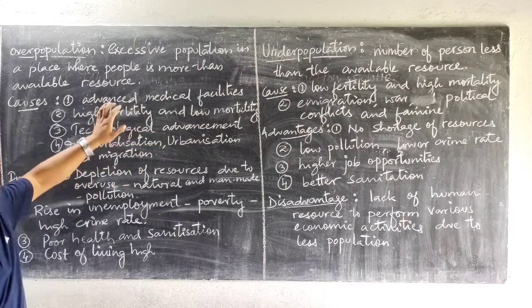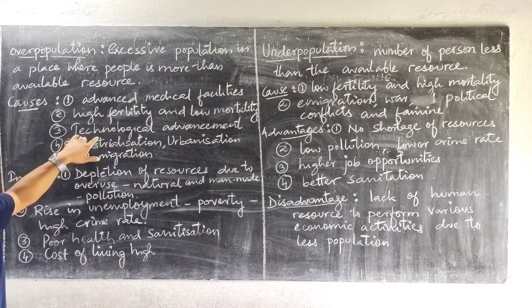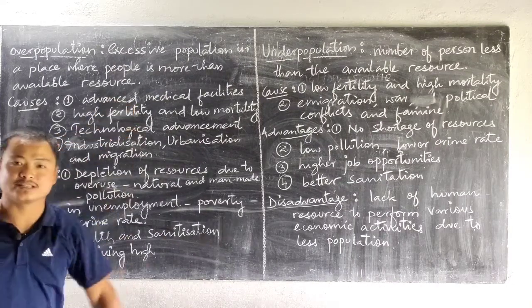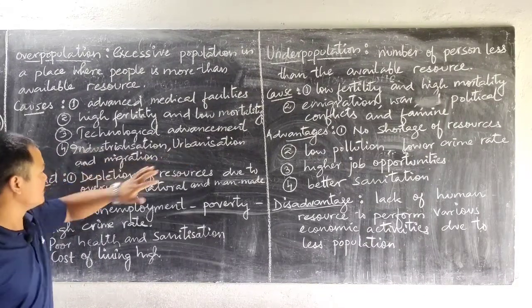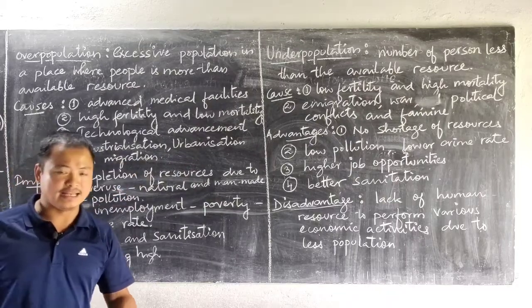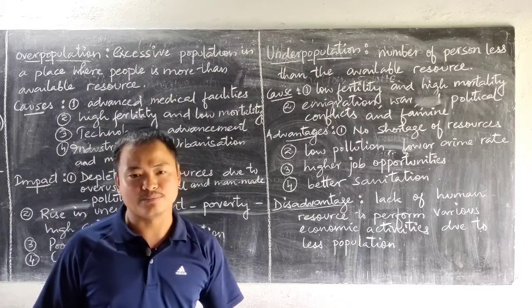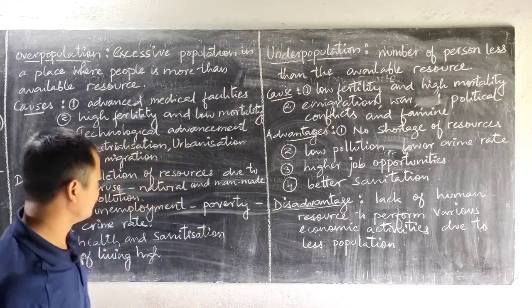That means high birth rate but low death rate. Technological advancement leads to advanced medical facilities, and more other facilities come with the technologies. Other causes are industrialization, urbanization and migration. In any place, if there is a large movement of people because a good number of industries are formed there, that also leads to overpopulation of the place.